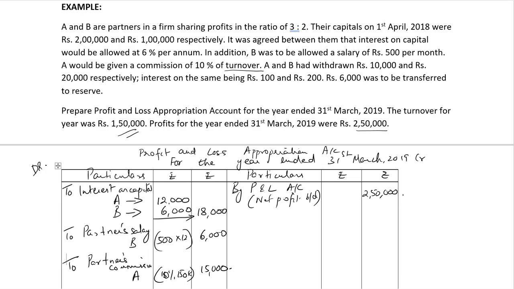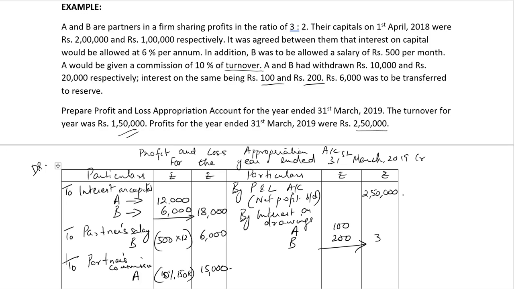The interest on drawings for A is 100 and for B it's 200. Interest on drawings should be credited to the profit and loss appropriation account by interest on drawings. For A it's rupees 100 and for B it's rupees 200.